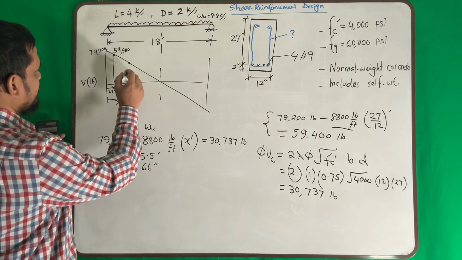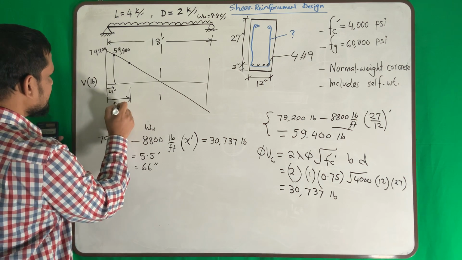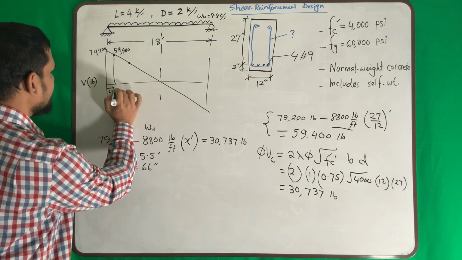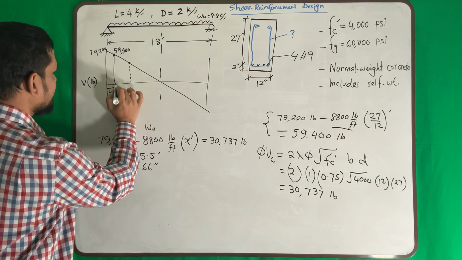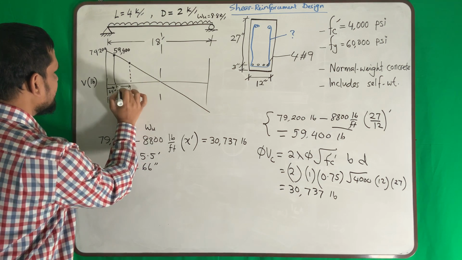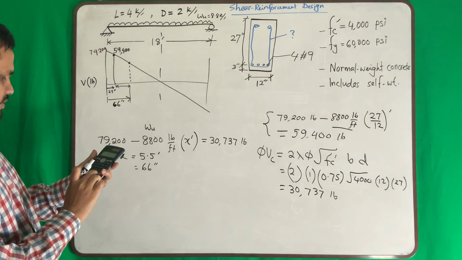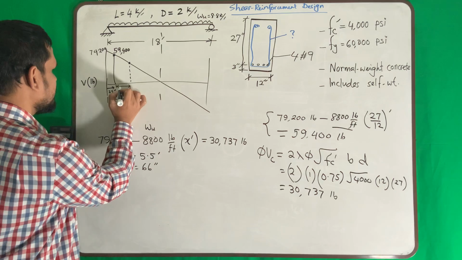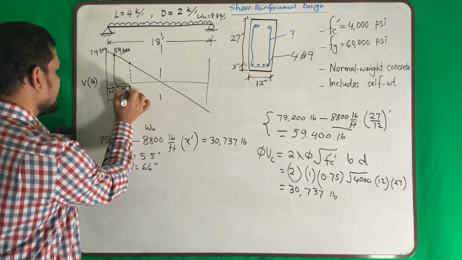So this portion is 66 inches. Okay, now we got this region. Now what is here to here? So 66 minus 27. So this portion is actually 39 inches.